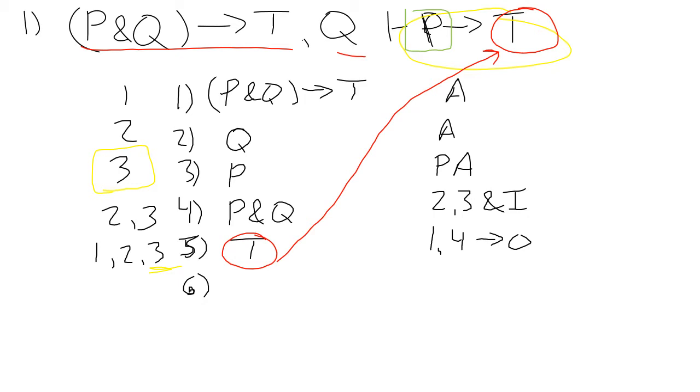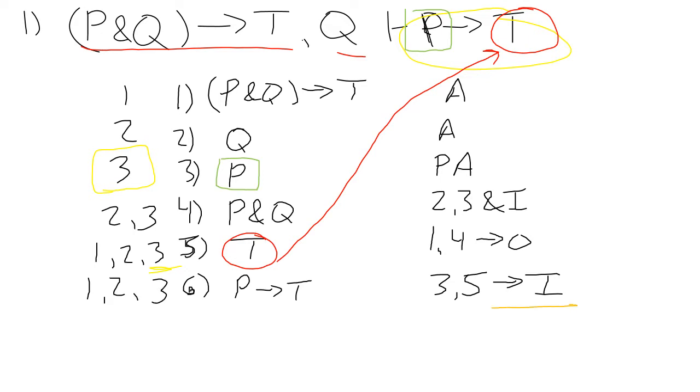Because I meet those conditions, I can write my conditional statement as 3, which is where my PA is at, 5, where my consequent is at. What am I doing? I'm introducing an arrow. So that's going to be 1, 2, and 3. But since I did arrow in, I dropped this 3. This 3 goes away. And so the only numbers that I have are 1 and 2 here at line 6.